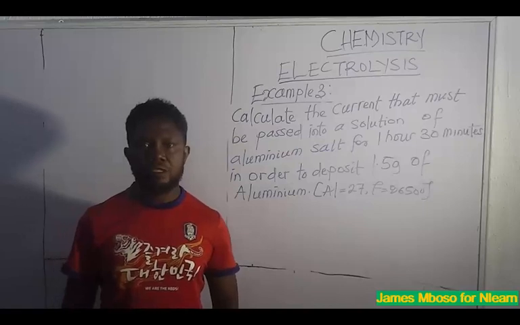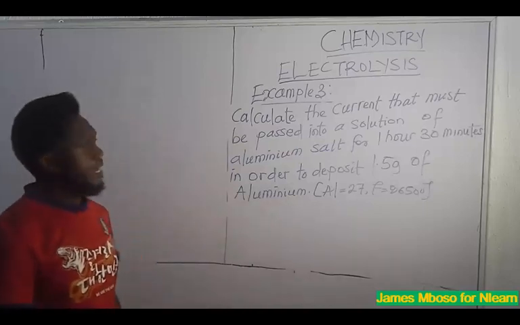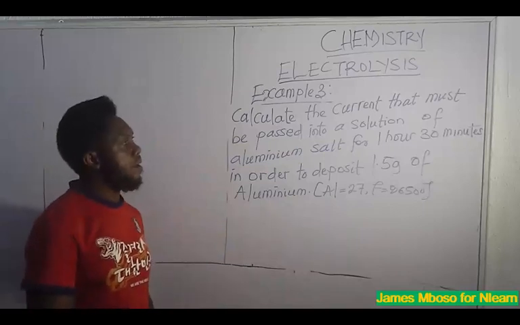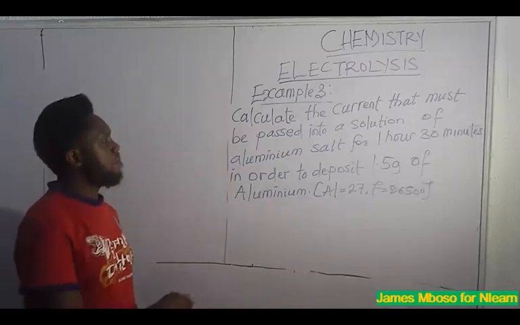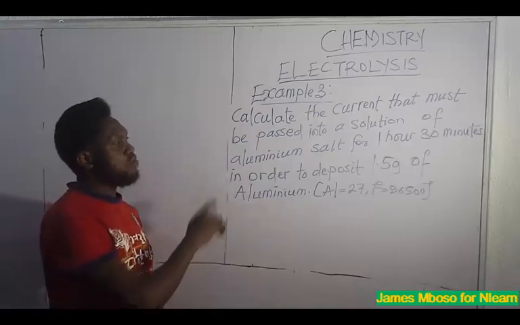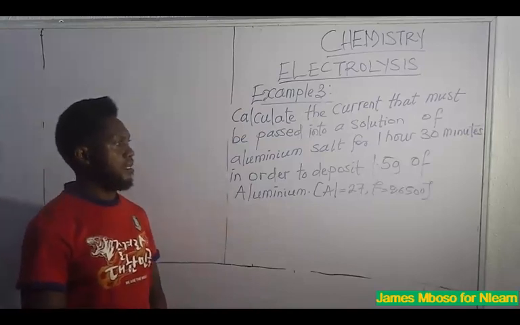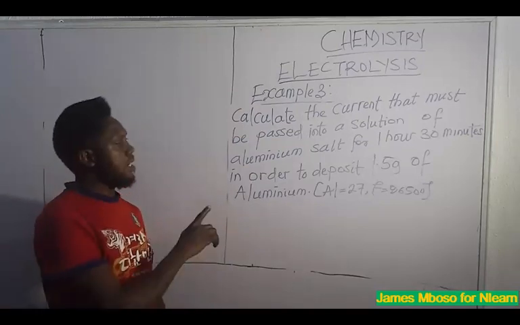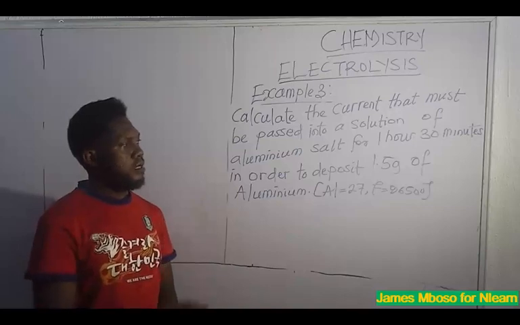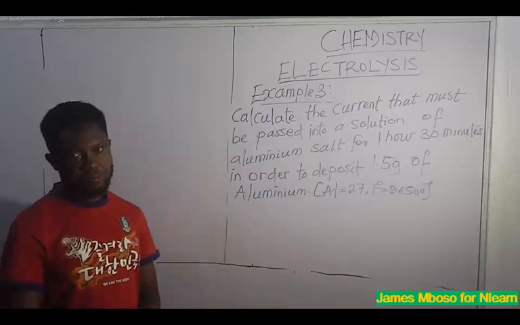Still on electrolysis, let's take the third example. Calculate the current that must be passed into a solution of aluminium salt for 1 hour 30 minutes in order to deposit 1.5 gram of aluminium.